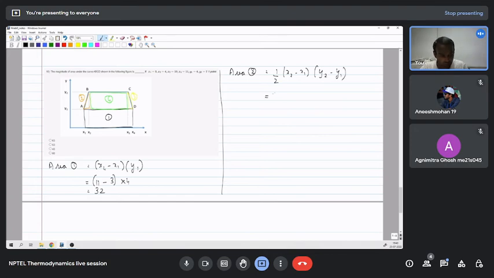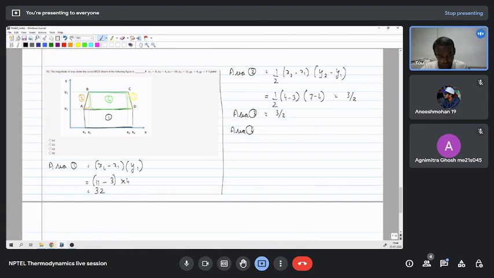So this is half into x2 minus x1 which is 4 minus 3, and y2 minus y1 which is 7 minus 4. So we have 1 into 3, so we have 3 by 2. So that is area 2, and area 3 is also the same, 3 by 2.